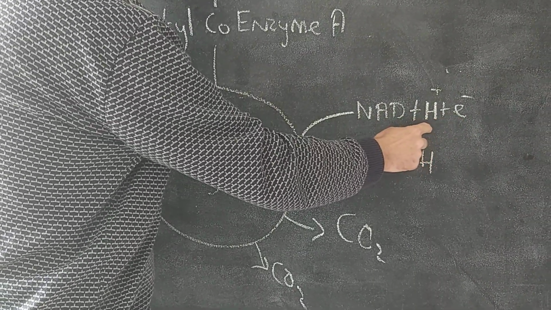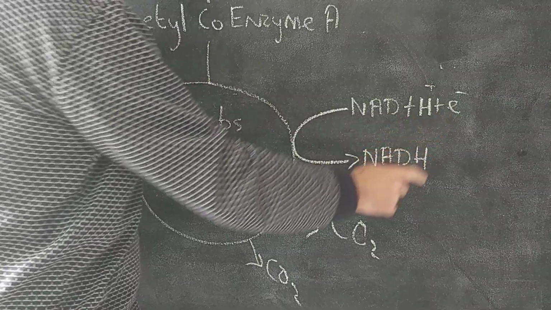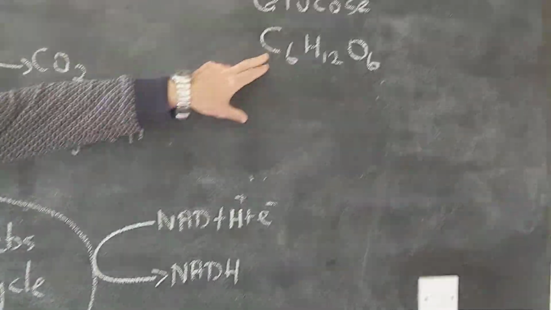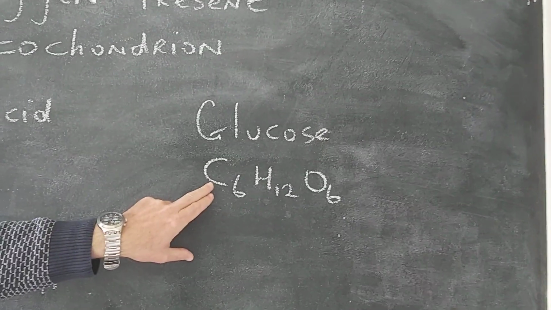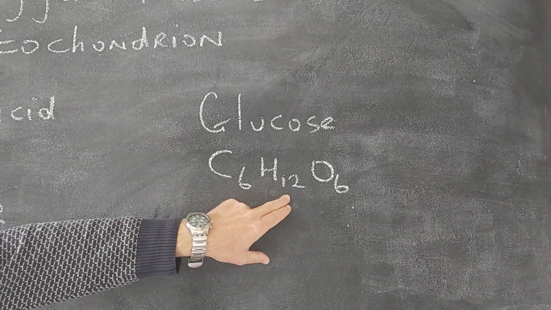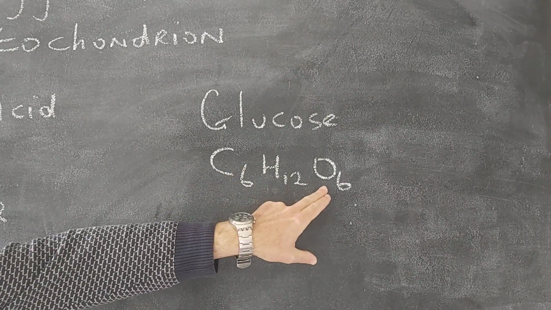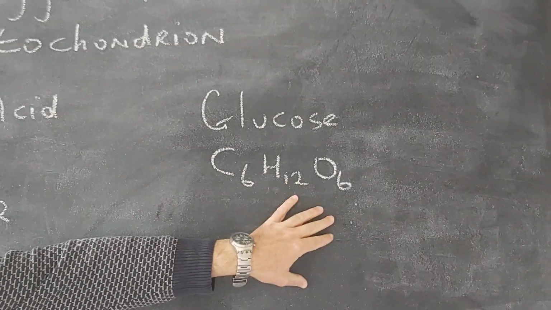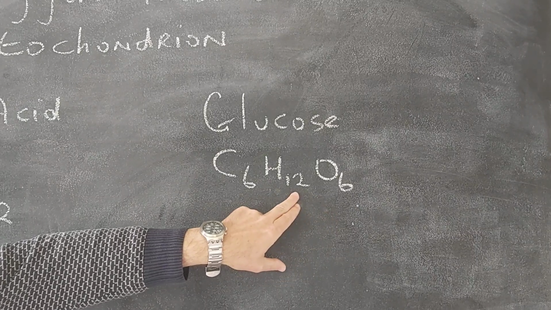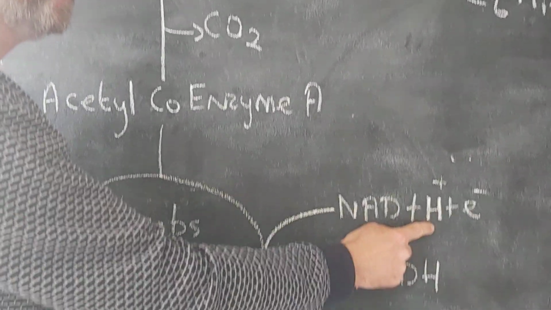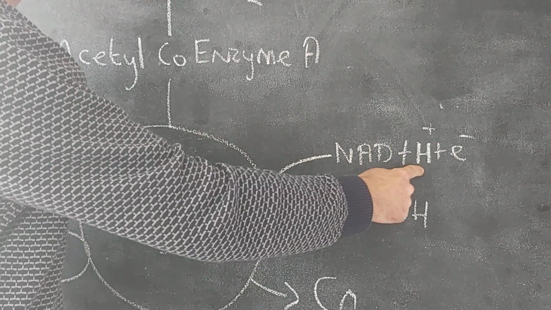Now, where did this hydrogen and electron come from? It came from the breakdown of glucose. Remember, glucose is C6H12O6. The carbon and the oxygen will combine to form carbon dioxide, and then we have the hydrogens here. So these are my hydrogens in here, which came from glucose.